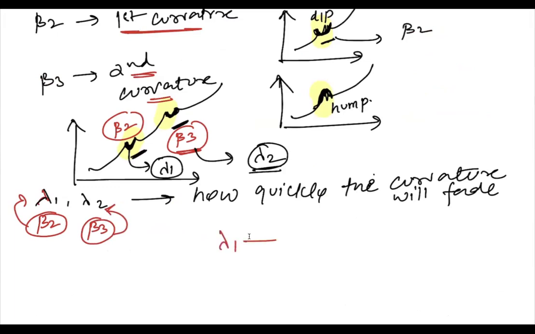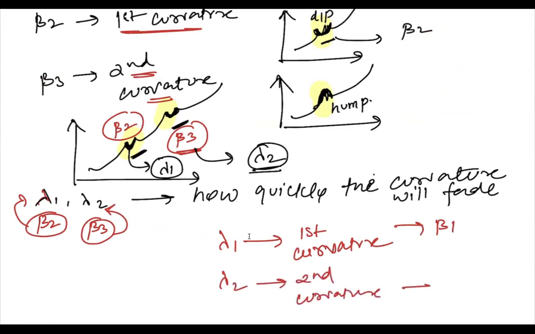So always remember, lambda 1 is the decay factor for the first curvature and lambda 2 is the decay factor for the second curvature.